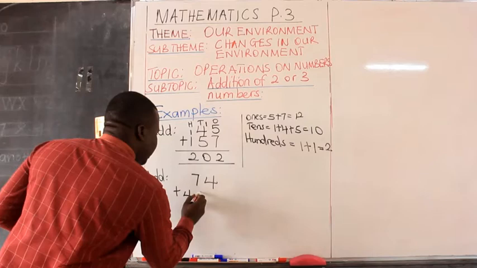Let's move on to number 4. Number 4 says, our school had 637 pupils last year.